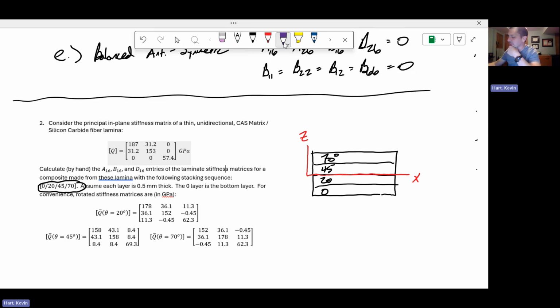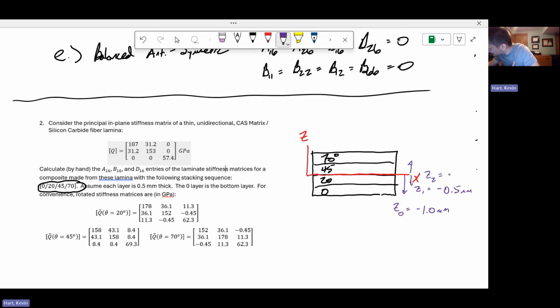Given this, we can assign heights to each individual portion of the lamina. For instance, this dimension here is something that we call Z0. If each layer is 0.5 millimeters thick, we went down 2 layers, so this is -1.0 millimeters. You can continue with this general process. This is Z1, the Z dimension to the start of the second layer, so this is -0.5 millimeters.